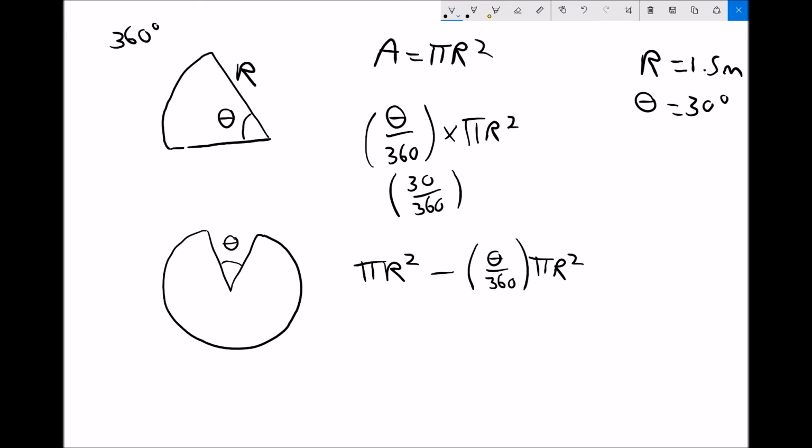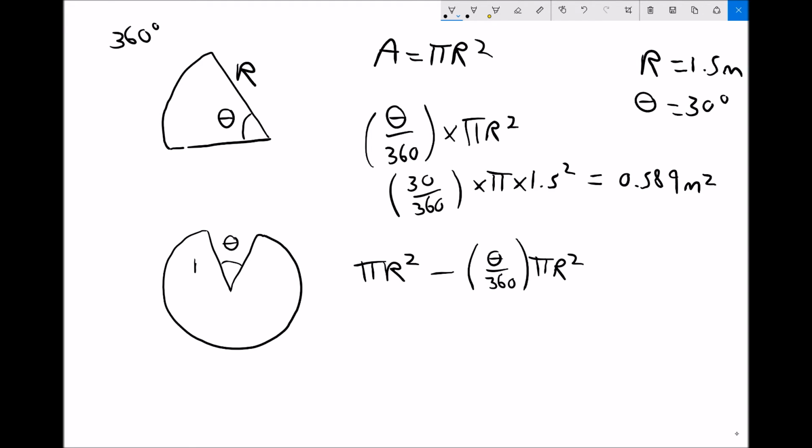Now 30 divided by 360, if you do that on your calculators, gives you a 12th, or 0.083. That's how much of the circle we have. We then multiply that by pi times the radius of 1.5 squared, and that comes out to be 0.589. The units of that will be meters squared, because we used meters as our radius.